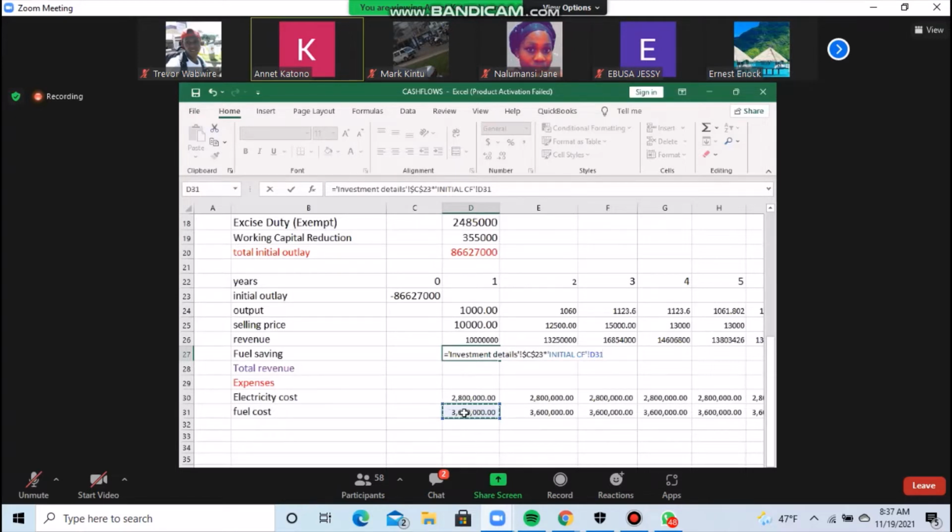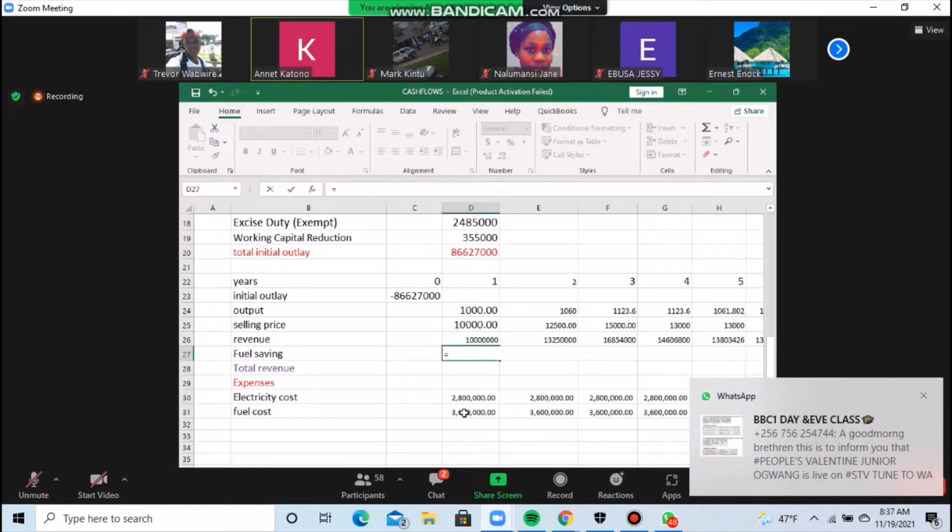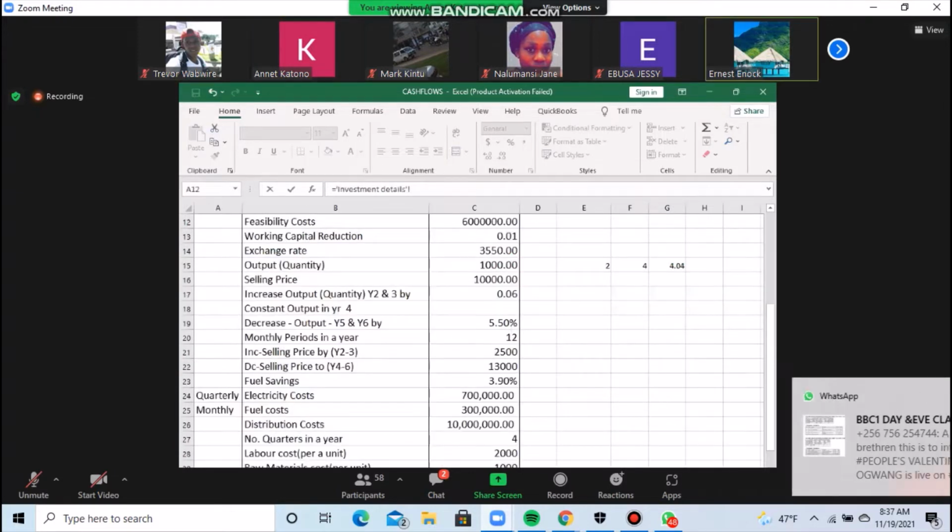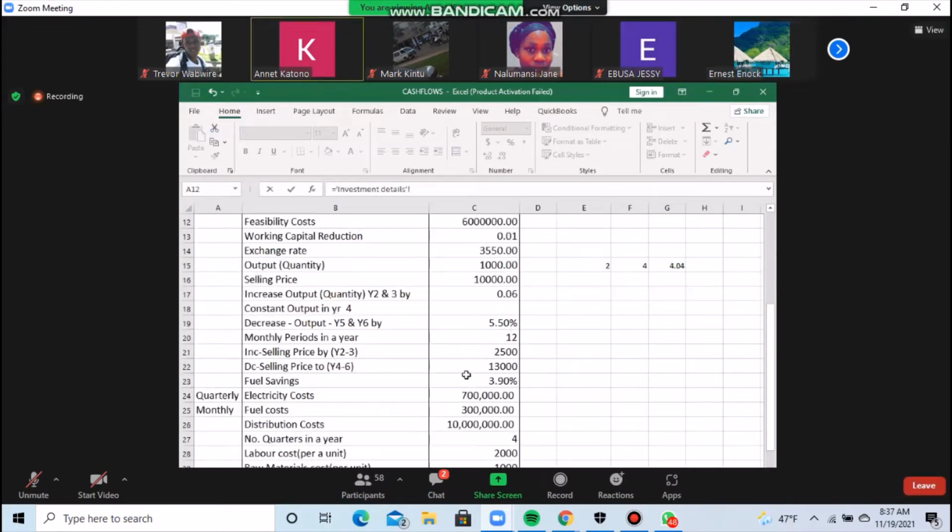What I'm saying is, we want to get the fuel cost saving. And in the question, they've told us that the saving that we have for fuel is 3.9% of the fuel cost, that you're going to be saving fuel of 3.9% on an annual basis, but of the cost that you have for fuel.